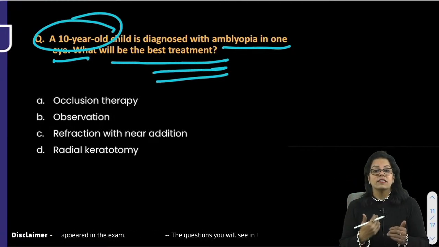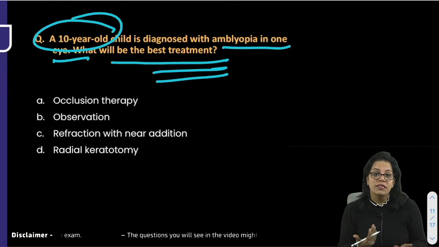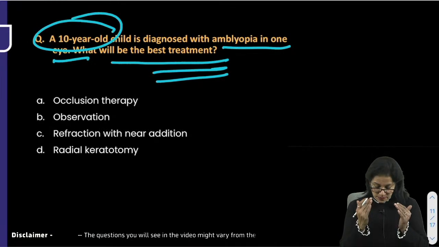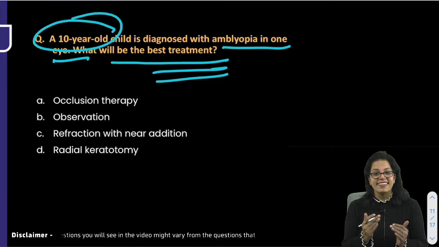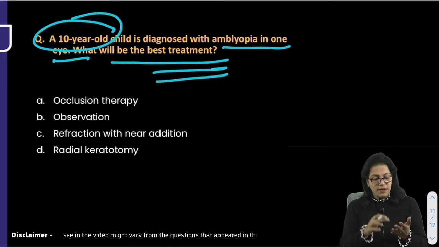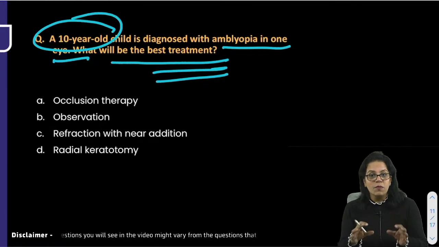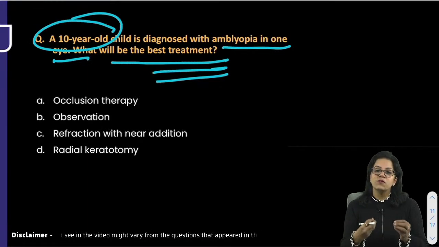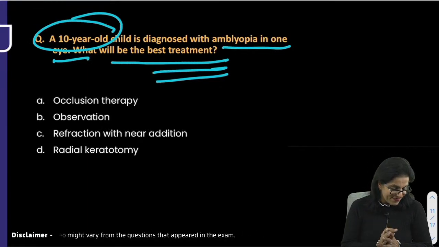That is why we say it's a partial loss of vision. Whatever the type, strabismic, anisometropic, any form of amblyopia, the therapy is effective only till 6 to 8 years.